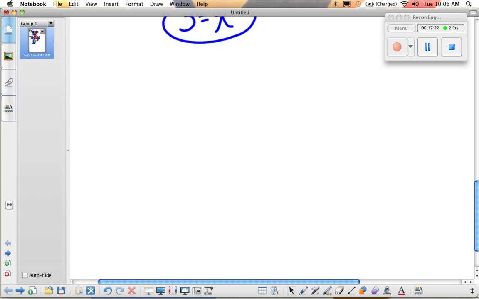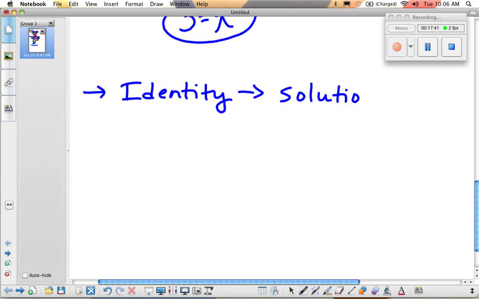But okay, so let's just put in here that when we have an identity, put this in your notes. Solution is all real numbers.